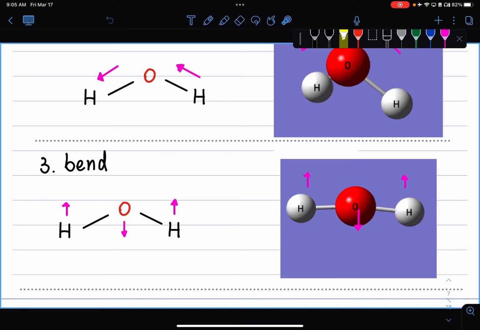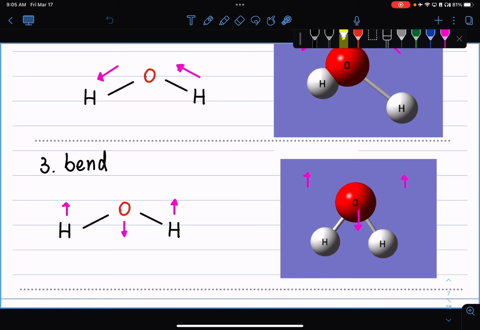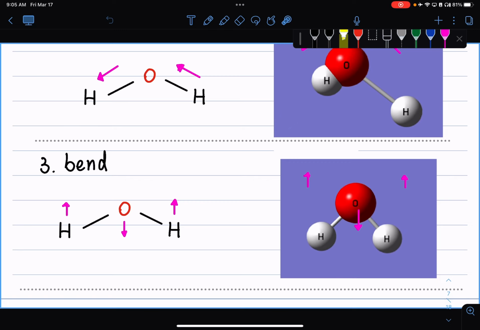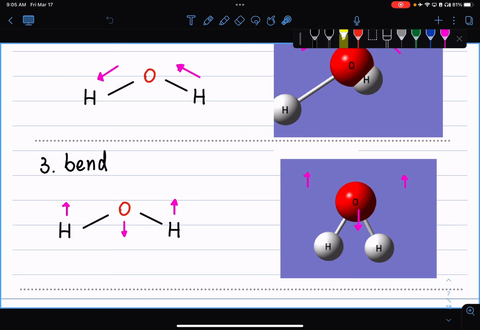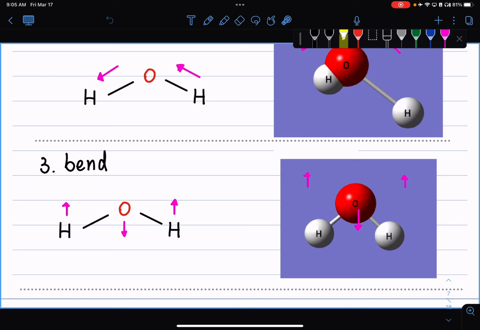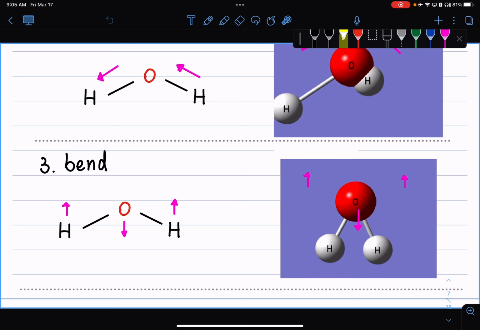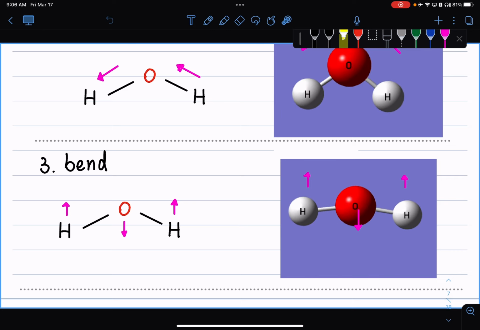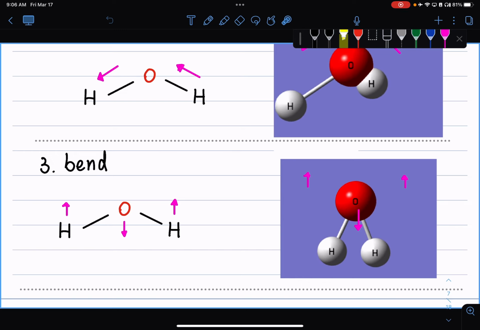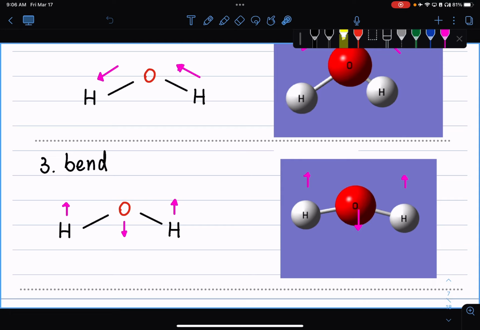So whenever we draw it on paper, what we're drawing is an average structure of that molecule. In reality, your molecule is always vibrating or stretching, as long as we have some temperature available. So that part's just an extra, just to show you some nice pictures of what we're actually measuring when we're taking an IR spectrum.